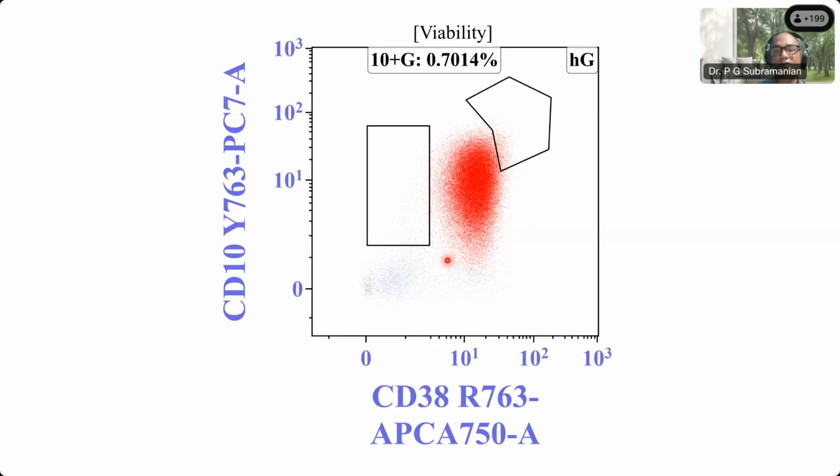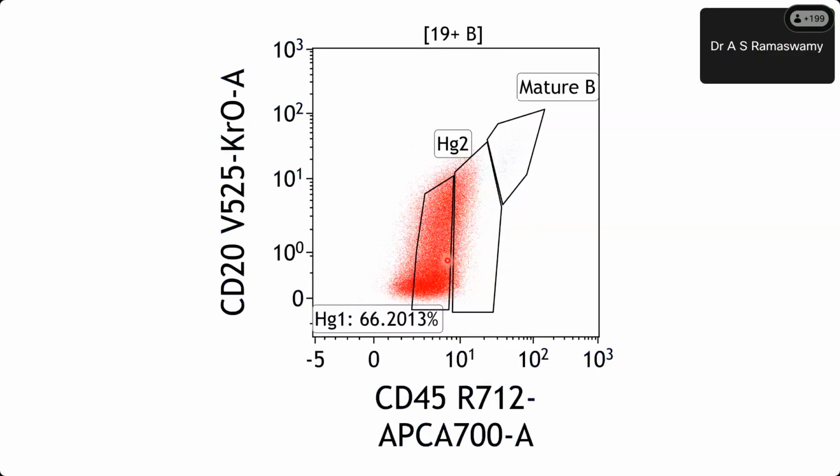There is a doubt in the chat box: can we still call them blasts if they are CD34 negative? Not all blasts are CD34 positive. In normal blasts, CD34 is definitively positive. But once you talk about abnormal cells, a whole range comes.